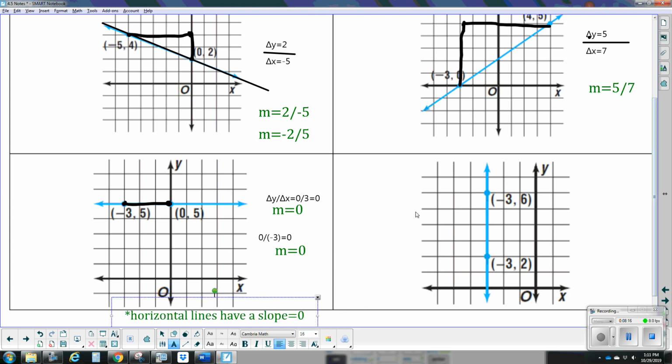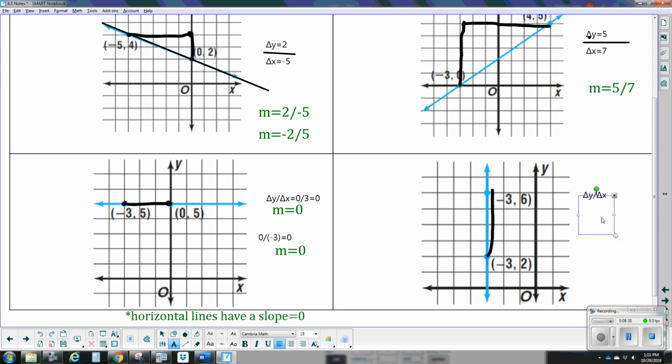Now let's look at the next one. And again, slope is the change in y divided by the change in x. Our change in y here is, and it doesn't matter which one you go from, but I'm just going to go from the lower one, our change in y is 4.